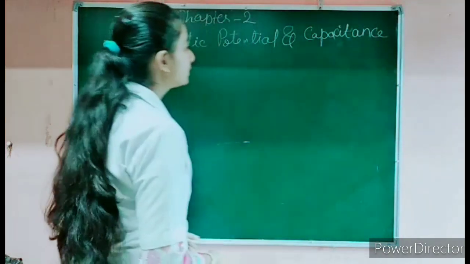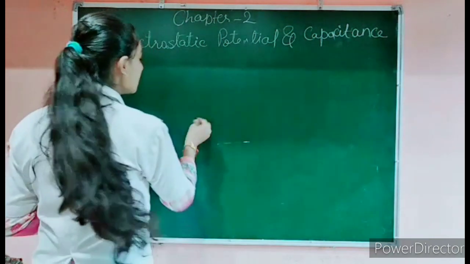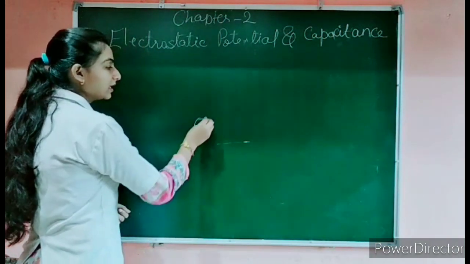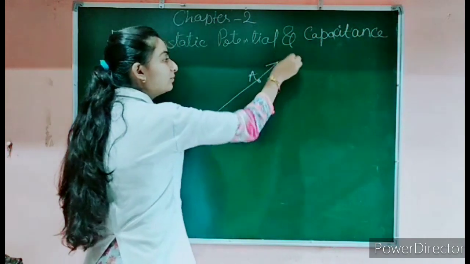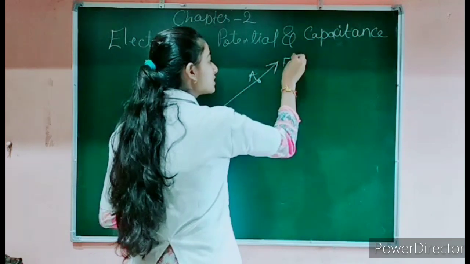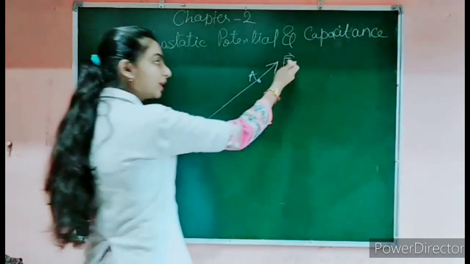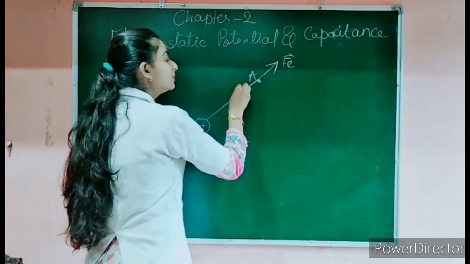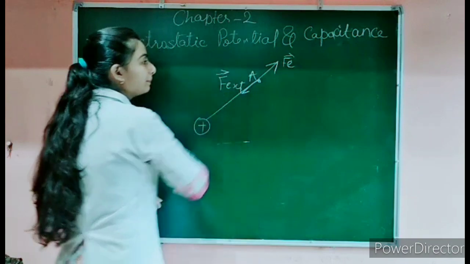The work done in bringing a charge from infinity to that point: if we consider some charge present here, to bring it from infinity to that point, some force is applied, that is an electrostatic force, and an external force will be applied.